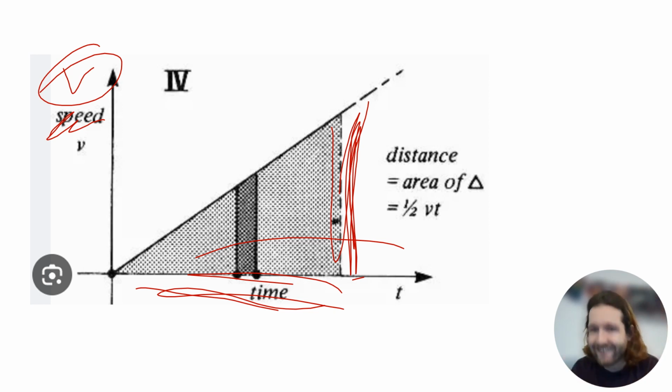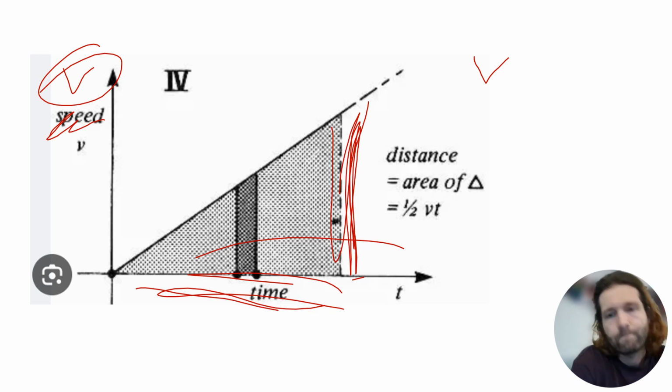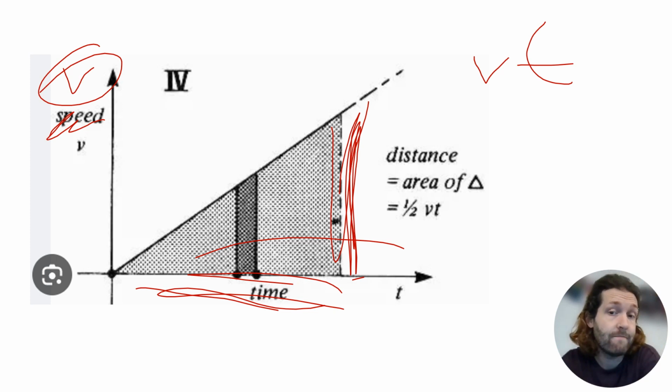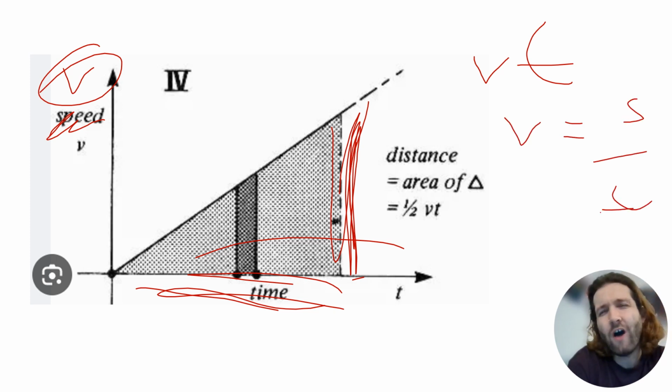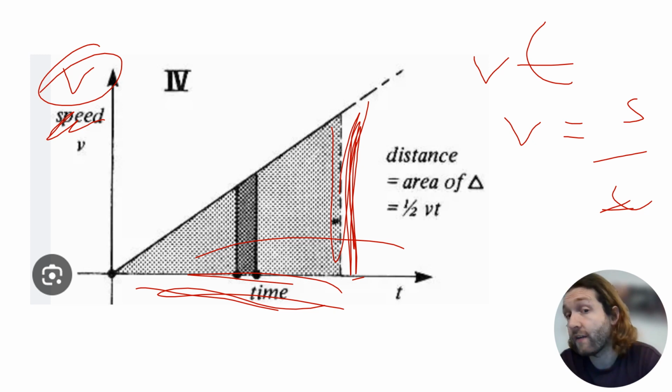Well, let's contextualize this. Okay, what is the height? The height is velocity. What is the base? Time. What's velocity times time? Displacement. Yeah, we know that from this. And if you've forgotten that, you can just get it from the units, man. Meters per second, velocity, times by second, time, leaves me with the unit of meters.